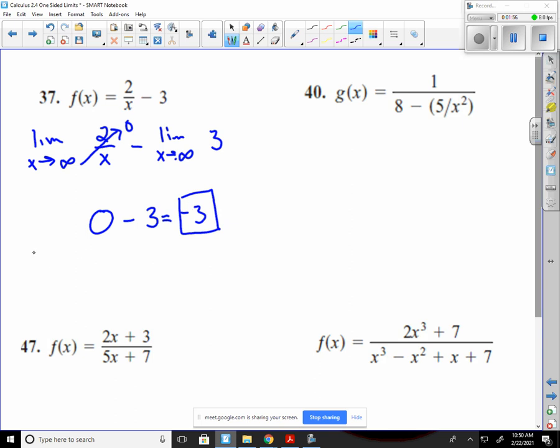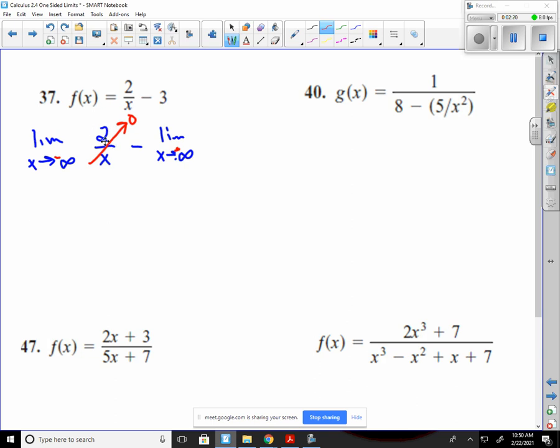Same thing with negative infinity. If all I'm doing is changing this to negative infinity, my limit is still going to be 2 over negative infinity. So this is going to go to 0 because x is going to keep getting more and more negative.